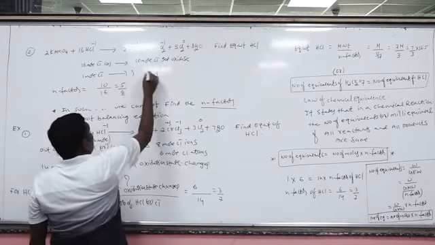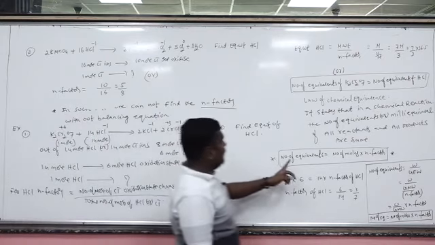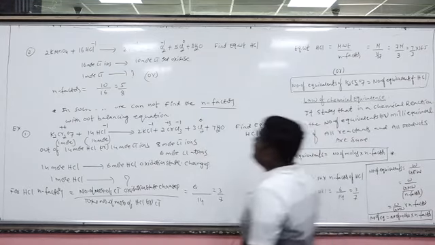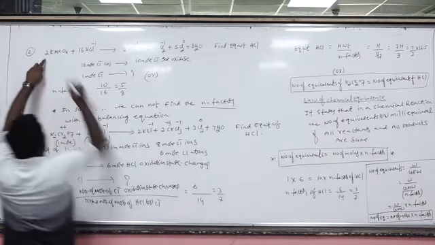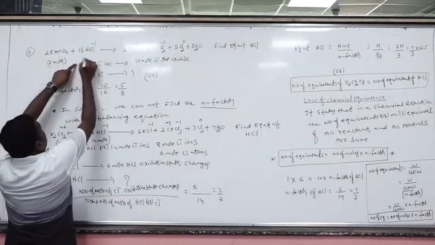There is another alternative method. What is the alternative method? Number of equivalents. How many moles of potassium permanganate? 2 moles. How many moles of hydrogen chloride? 16 moles.